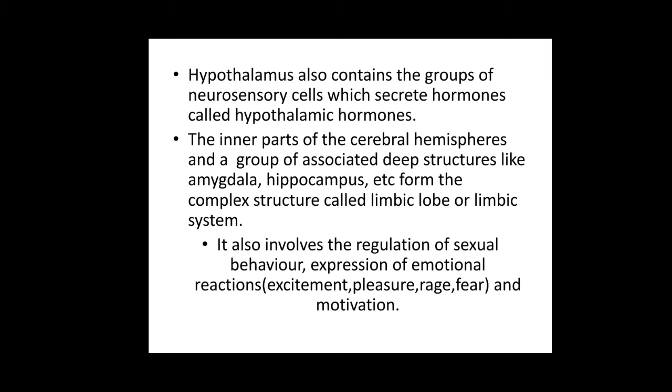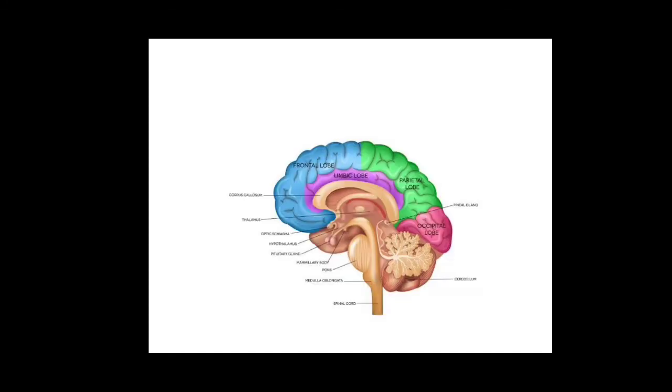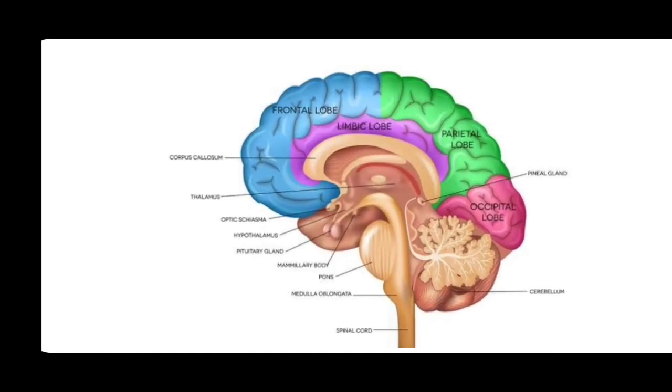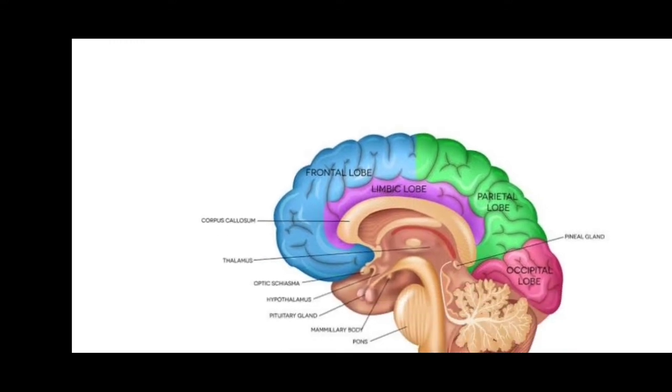The limbic system involves the regulation of sexual behavior and expression of emotional reactions like excitement, pleasure, rage, fear, and also motivation. Here you can see the parts of the brain.